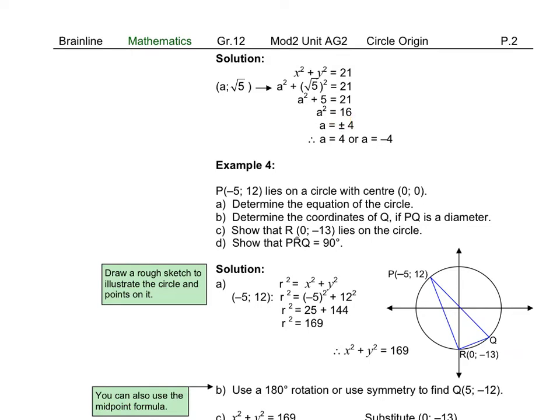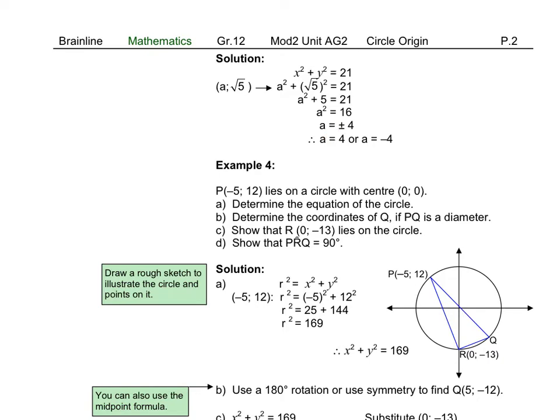If I now want to solve a, I have to take a square root on both sides in order to get rid of the square, and the square root of 16 is positive or negative 4. Remember, the square root of an even root always has a positive or negative solution.